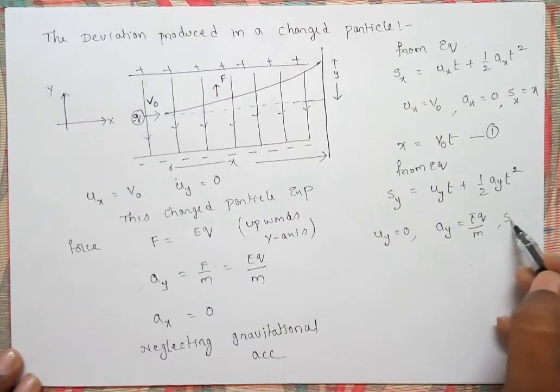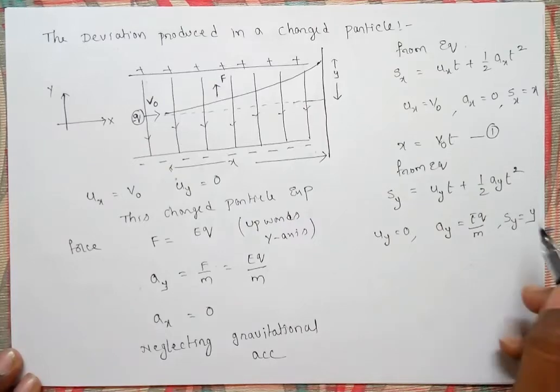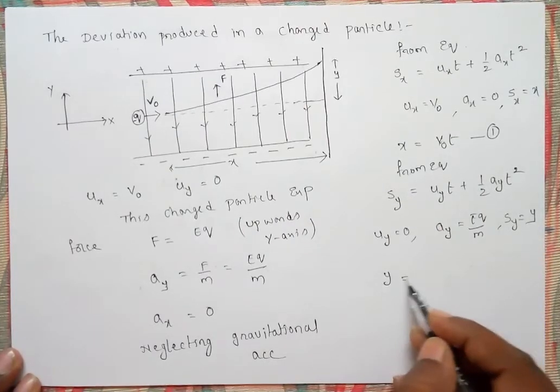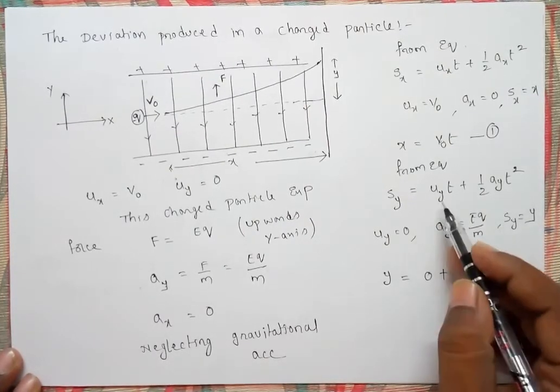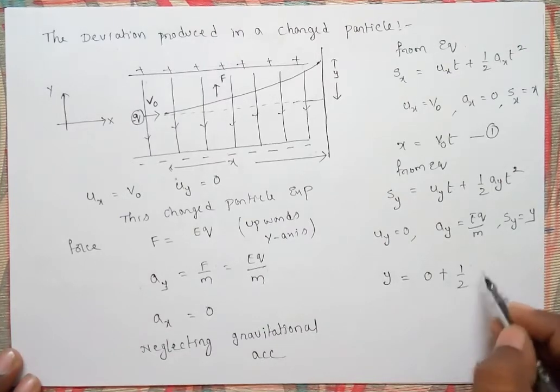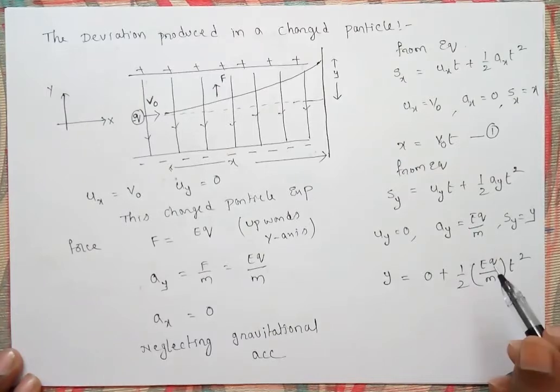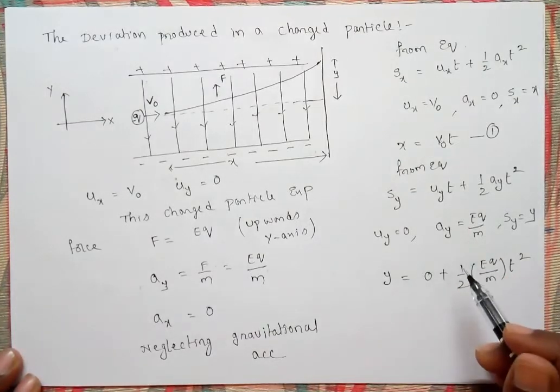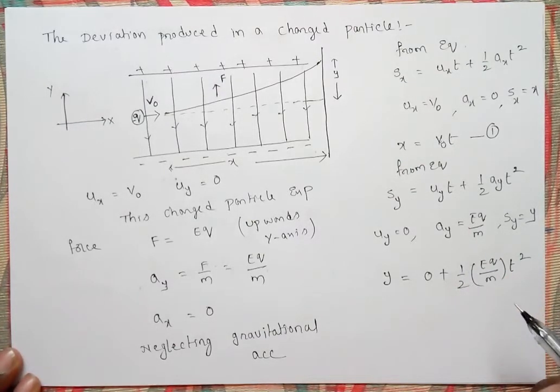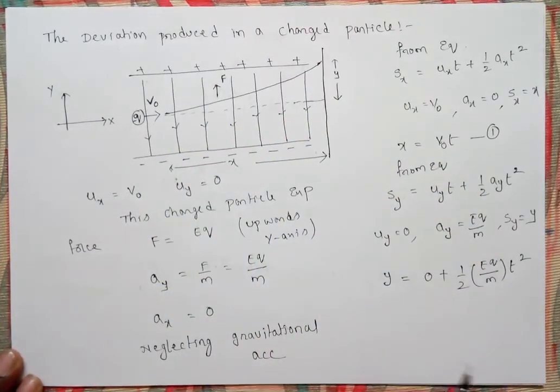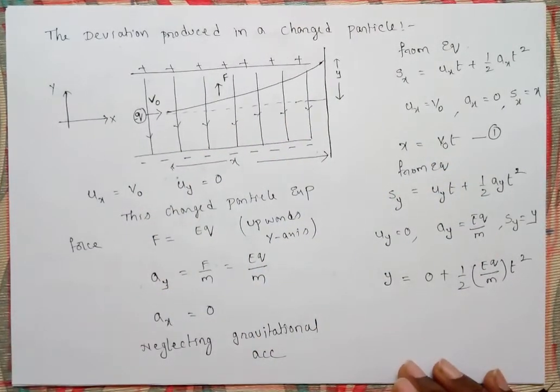Then Sy you write as y. If you substitute, you will get y equals 0 because u is 0, plus half Eq by m into t square. So this is the vertical distance traveled by the particle.